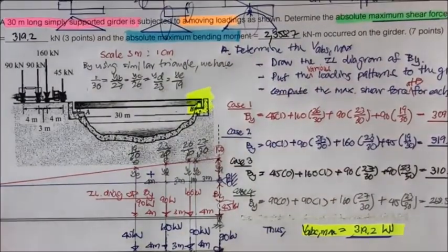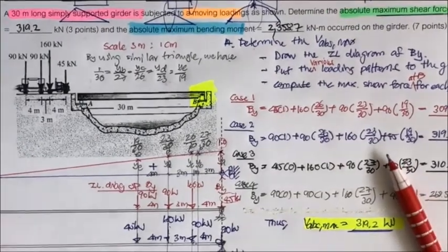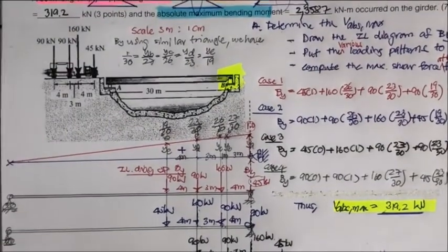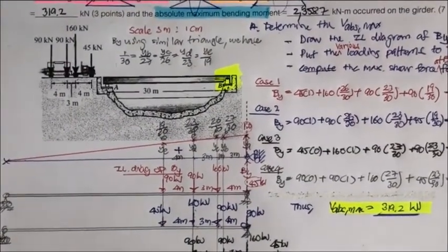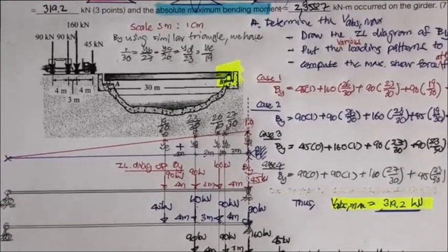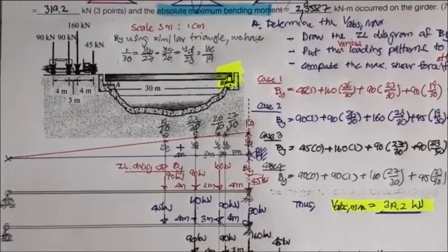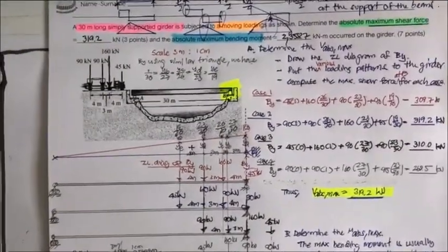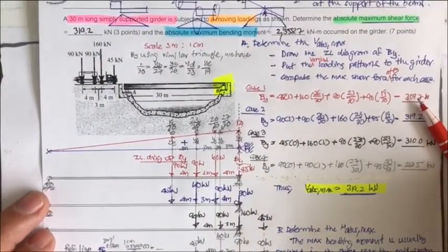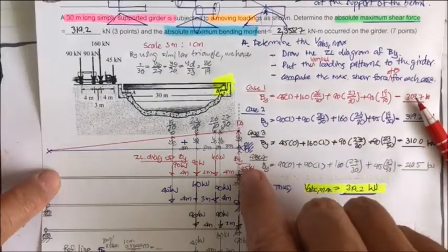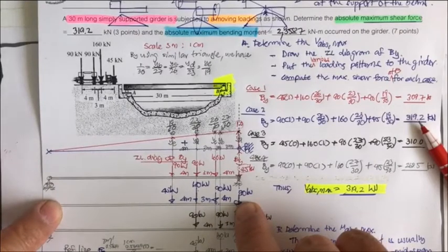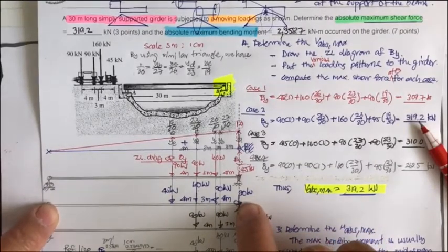In this case we may have 4 of them, and by considering that, we get the maximum shear with case 1 of 319.7 kilonewton. Oh, sorry, we got the second one, 319.2 kilonewton. This one, the blue one.